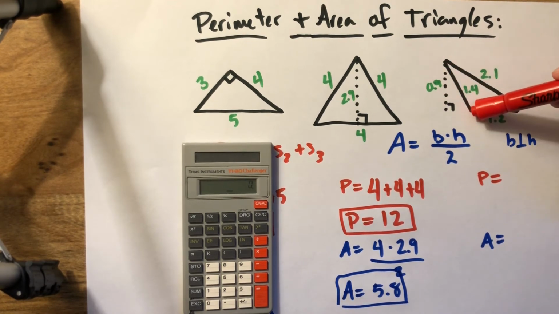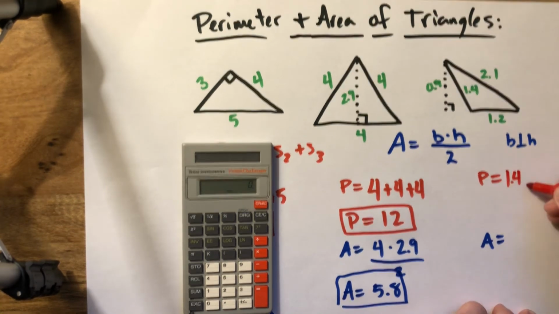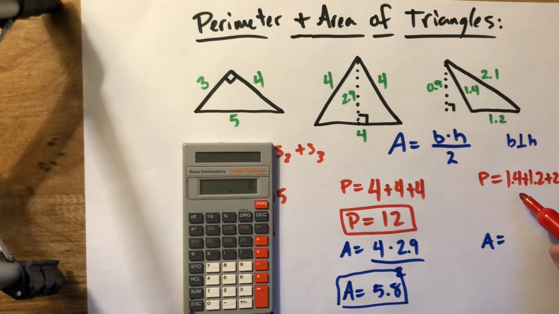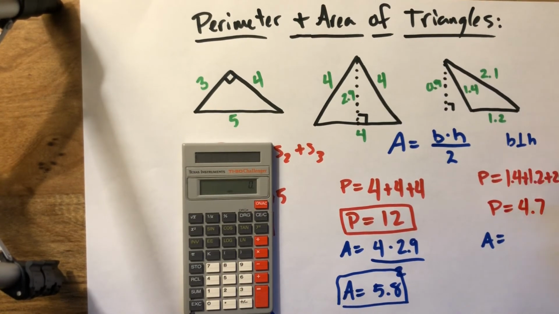So 1.4 plus 1.2 plus 2.1. 1.4 and 1.2 make 2.6. 2.1 more makes 4.7, I think. Let's double check that. 2, 3, 4. Yep, 4.7. Looks good. Okay, perimeter equals 4.7.